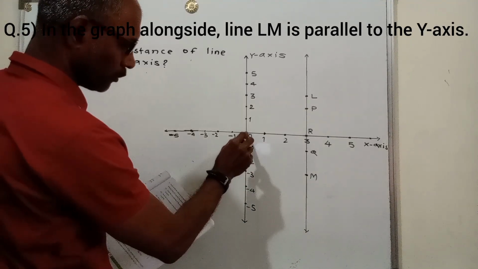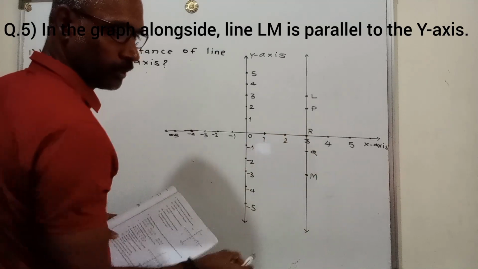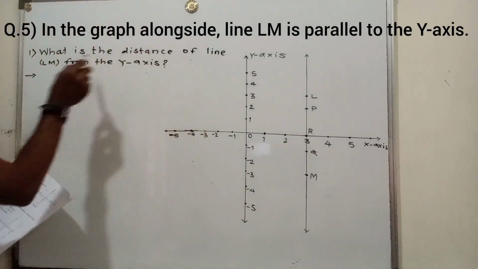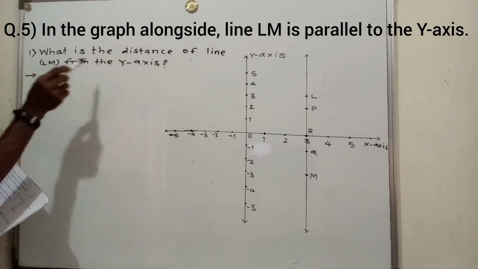See here, 1, 2, 3 means the distance of line LM from y-axis.